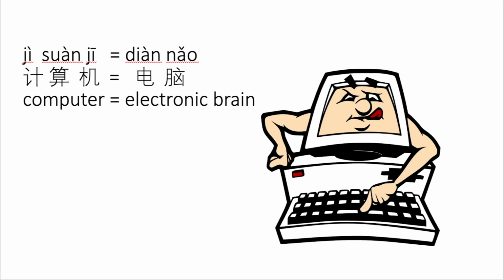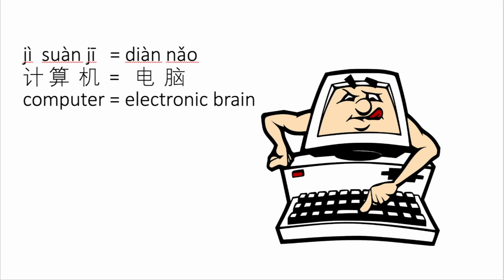Again, there are two ways of saying computer. The first way is 计算机. 计算机 is really the formal way of saying computer. So if you're learning computer science, you will see the term 计算机 in the book.